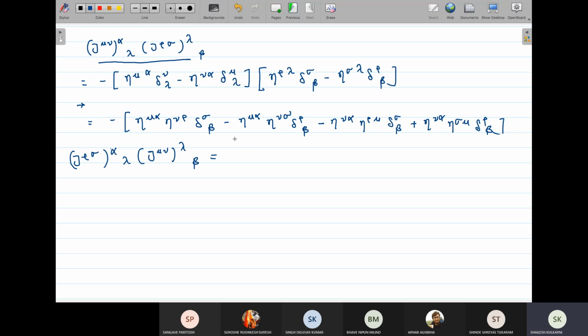This will be minus eta rho alpha. So now I am writing this product is this one. But we have to take the commutator, so there will be another term, minus of another term.